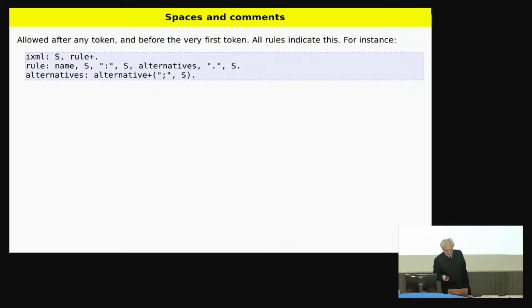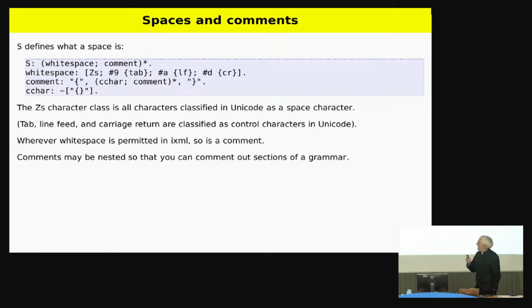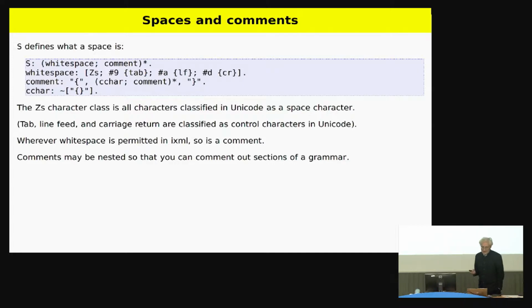Of course, spaces and comments are allowed between symbols, and this is the definition of what a space is. It's either a white space or a comment. And so here for white space, you can see one of the Unicode character classes, Zs, which is what all the characters that are classed as white space in Unicode are allowed as a white space character, to which I've added the XML tab, line feed, and carriage return, which are not classified as white space in Unicode, but classified as control characters.